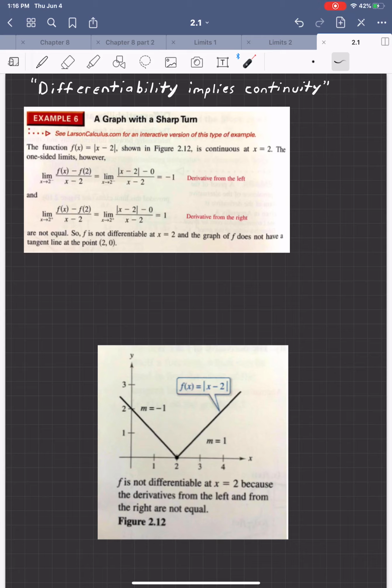It lets you and I agree that it is continuous. I could draw this without lifting my stylus, right? So it is continuous. But at this particular point right here, it is not differentiable. You can do this on your own time.